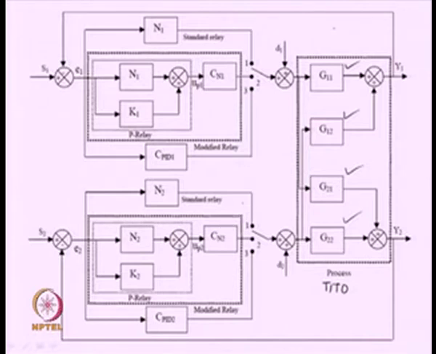Now, when you connect the switches to 2, you have to start with some values of K1 and K2. So, K1 and K2 can be chosen from intuition, or you can start with very small values initially. Okay.